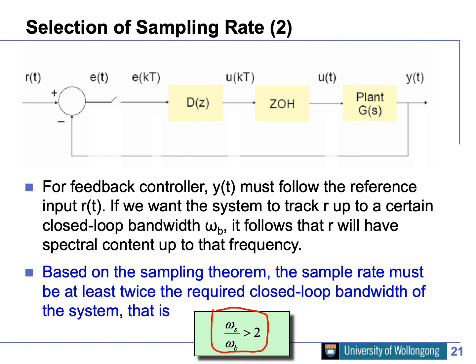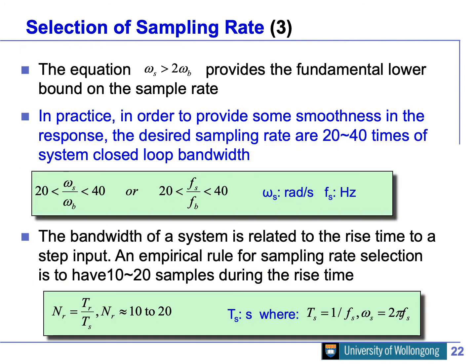A rule of thumb is we select our sampling frequency at about 20 times to 40 times our bandwidth. In this case, we get quite comfortable.